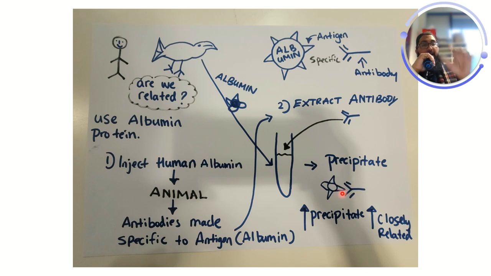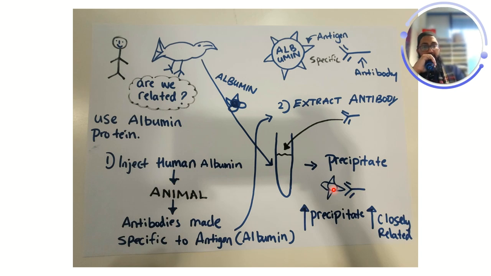That means the antigen is very, very similar to my antigen. That's why it's binding a lot. If it does not bind as much, that means the antigen of the albumin of chicken is very different to my antigen.